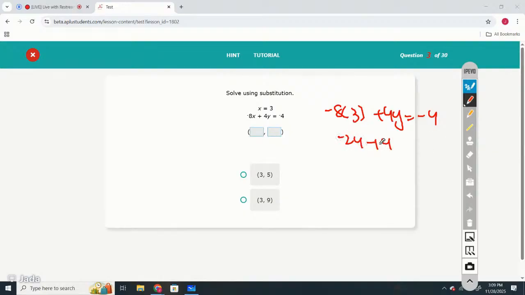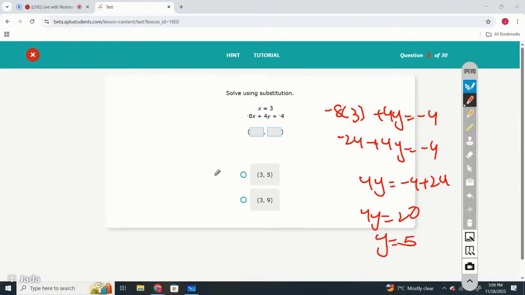Negative 24 plus 4y equals negative 4. So 4y is equal to negative 4 plus 24. 4y equals 20, y equals 5.